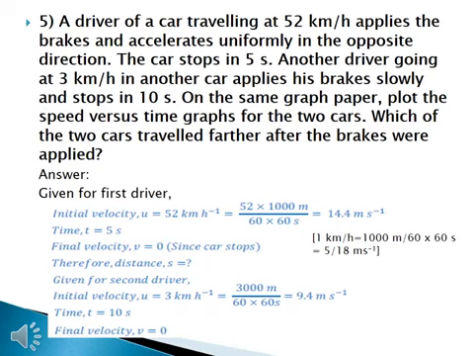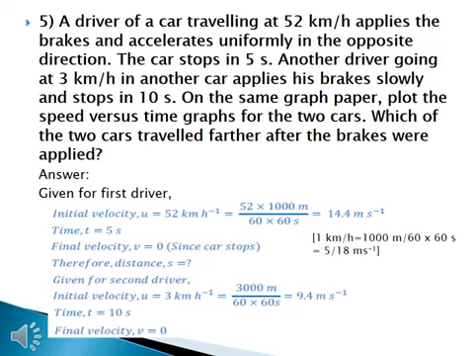Given, for the first car, the initial speed u is equal to 52 km per hour. Then we have to convert kilometer per hour into the corresponding meter per second. What we have to do is multiply it by 5 by 18. So u is equal to 52 into 5 by 18, which is equal to 14.4 meter per second.